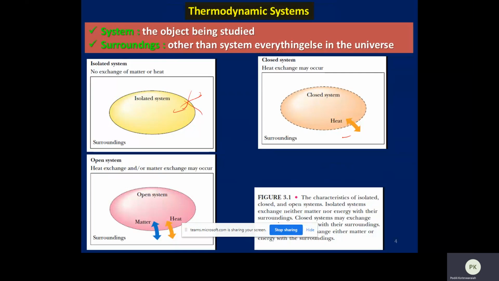Coming to the open system, both heat and matter exchange take place between the system and the surroundings. All living organisms or living cells are open systems because the exchange of both material and energy with the surroundings takes place.